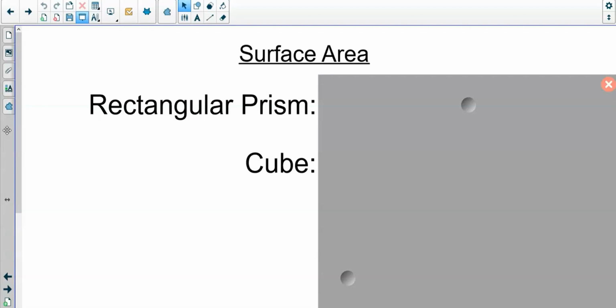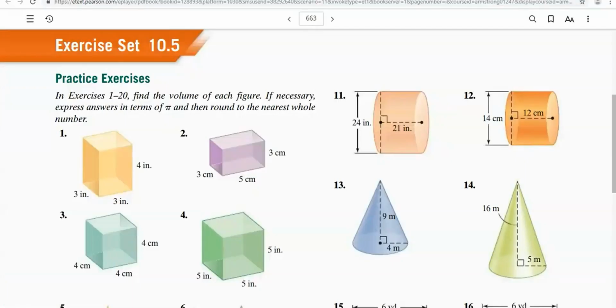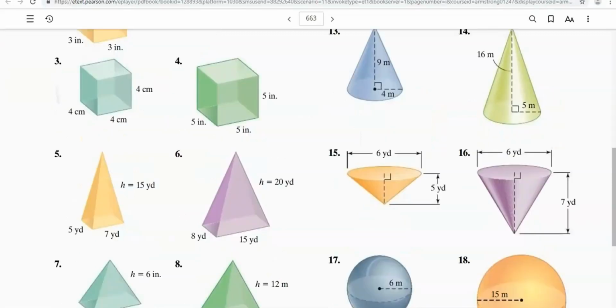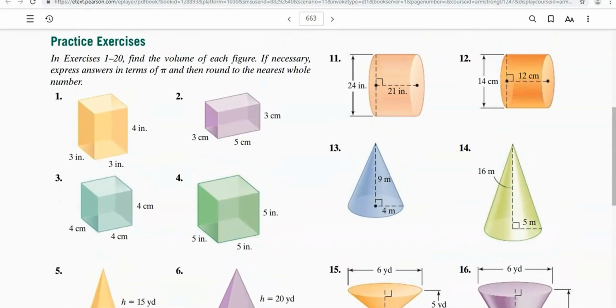So when we're talking about prisms, all of these that you see in 1 through 4, those are prisms, because they're made up of nothing but polygons. In fact, 1 through 4 are made up entirely of squares and/or rectangles, okay? So 1 through 4, those are prisms.